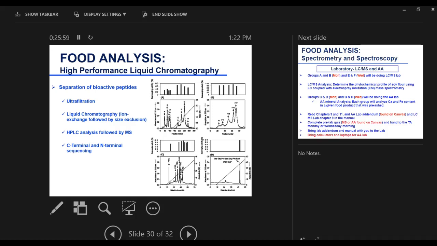So let's look at that. Here, let's say you separated by ion exchange, and you collected each fraction, and then you measured the activity. So here's an assay to measure the activity, and you found that fraction F has the highest activity. Okay, so your peptide of the most potent is there.